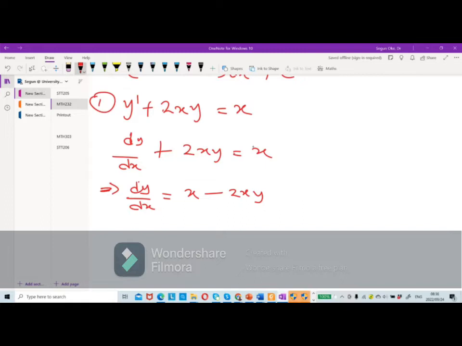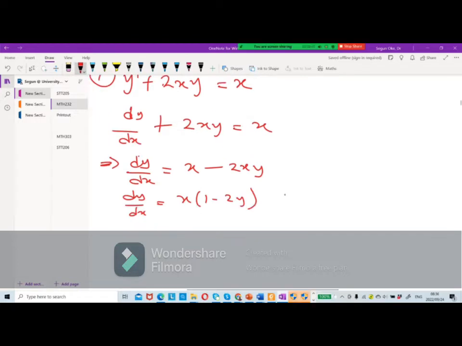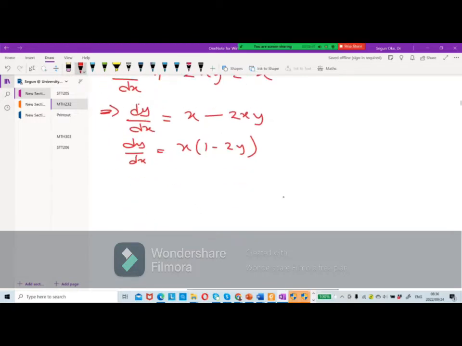Something is common to both sides here. I can say dy/dx is equal to x is common, x(1 minus 2y). Can you see it now? So in this case now, we need to divide both sides, or rather multiply both sides by dx.